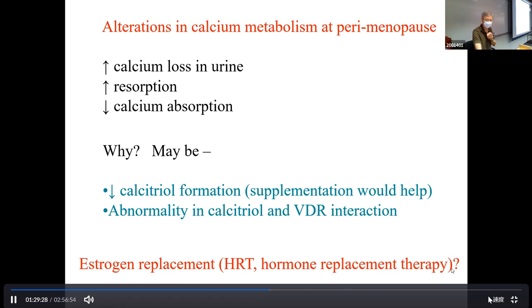So this is a question mark, and therefore, again, for those who are having osteoporosis at around menopausal age, if they are thinking of estrogen replacement, then they should seriously consult with the doctors first, with the expert first, before they do that.